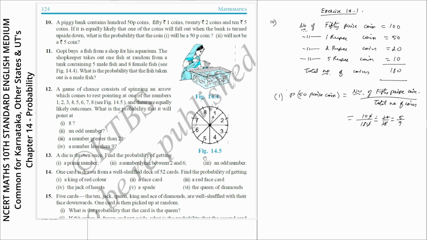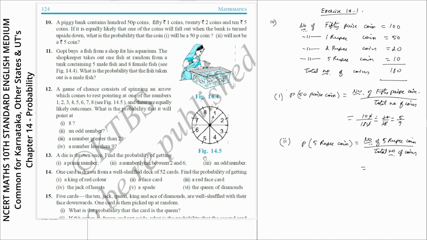So in the second case, first we'll find the probability that a 5 rupee coin will come out. So this will be equal to number of 5 rupee coins by total number of coins.